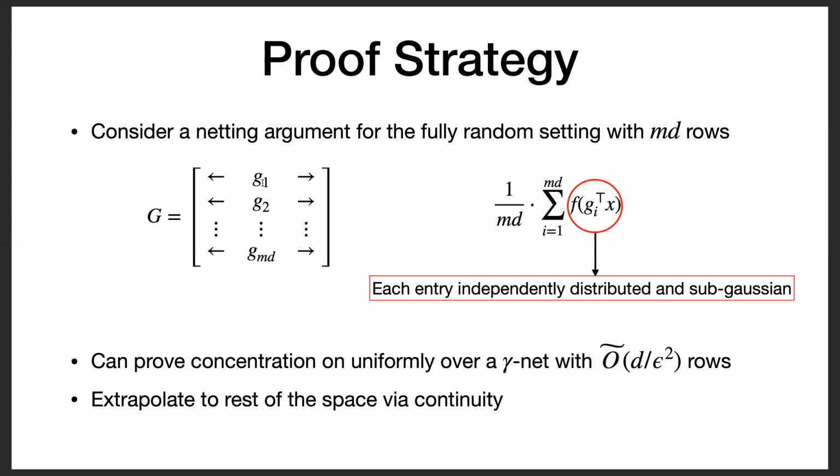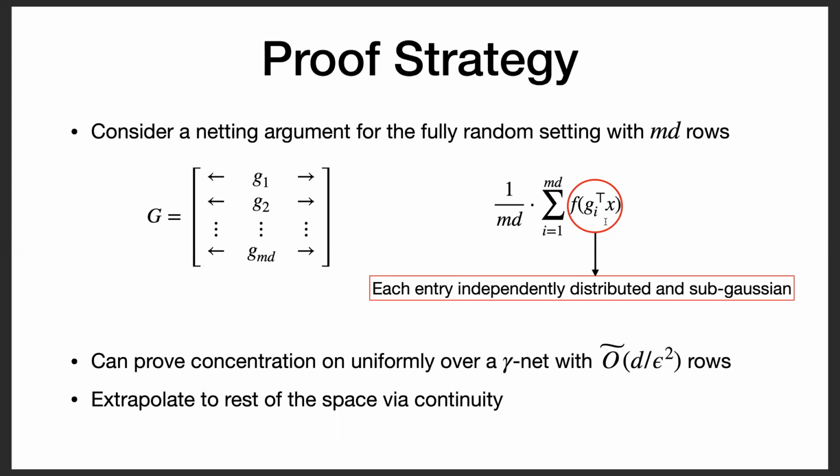So denoting these rows as G_1 through G_{MD}, we're going to look at a particular input x, and we're going to look at the empirical average of the evaluations of f on the entries of the output when x is given as input.